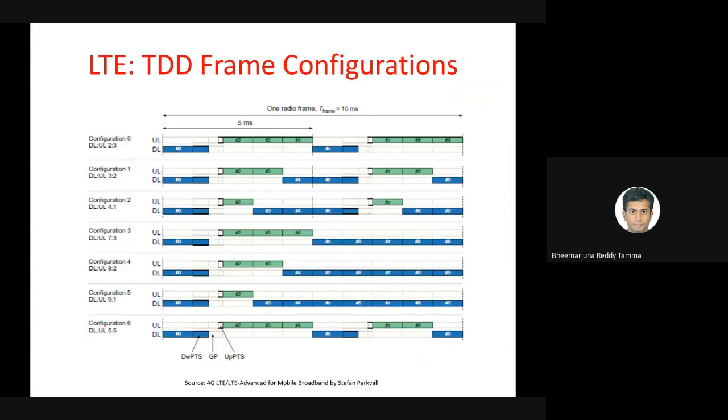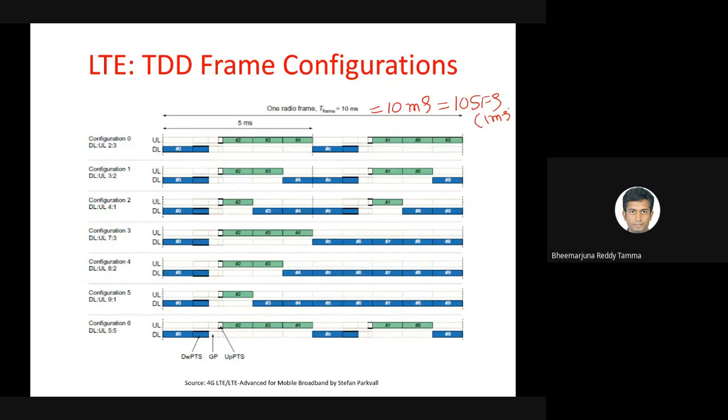So let me show you how the TDD configuration looks in the case of 4G. What you see is a TDD frame in the case of 4G. If you look at the high level, even in 4G, we have the frame of 10 millisecond, which is divided into 10 subframes, each of 1 millisecond.